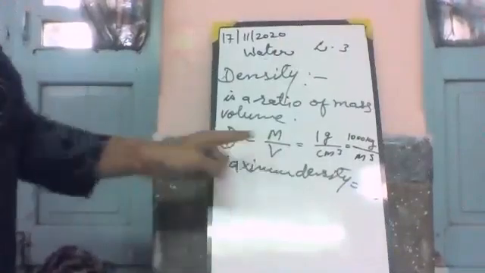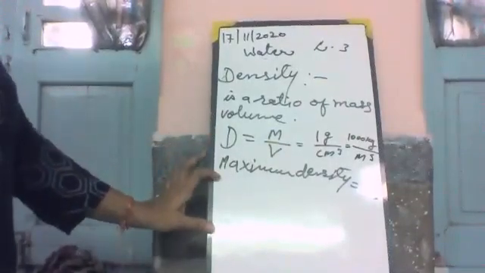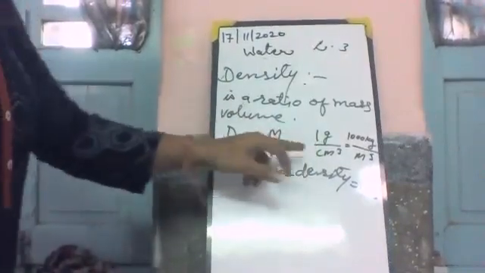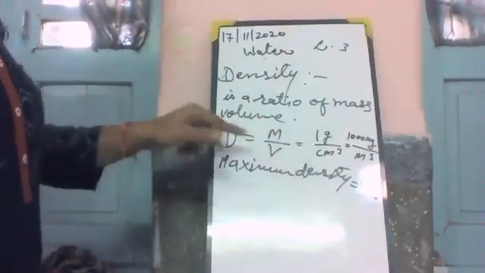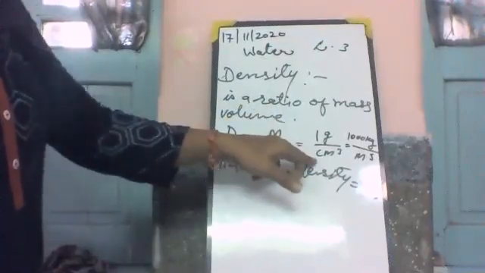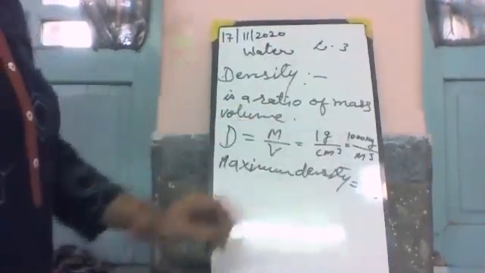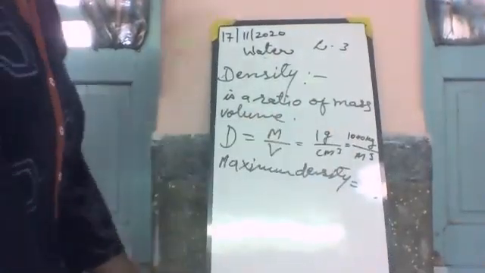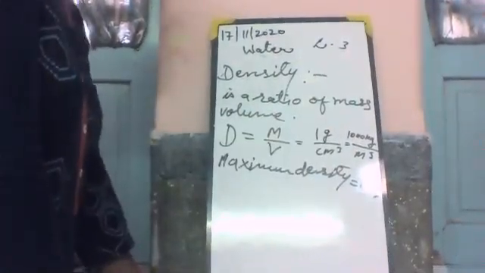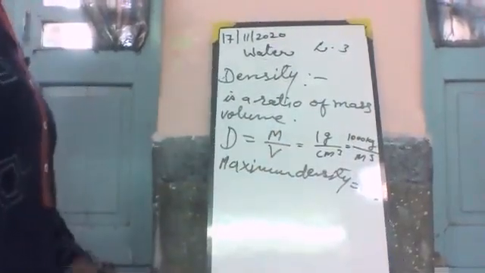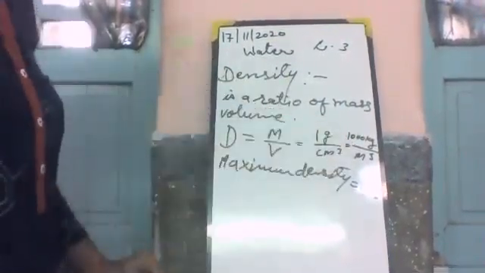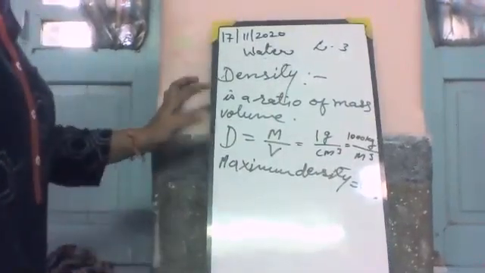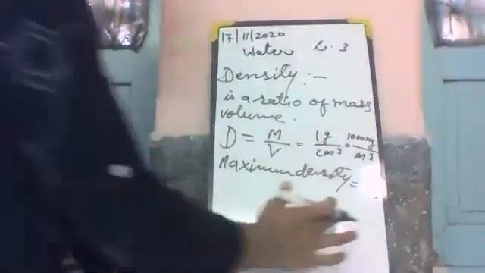Volume is a three-dimensional thing, so we can calculate the unit of density: mass in kilograms and volume in meter cube gives 1000 kilogram by meter cube. This is the density and unit of density. So the maximum density of water is at 4 degrees Celsius.